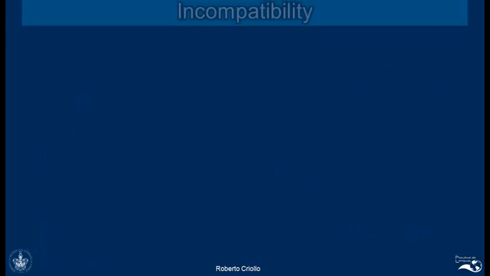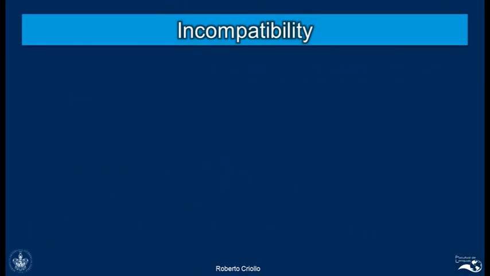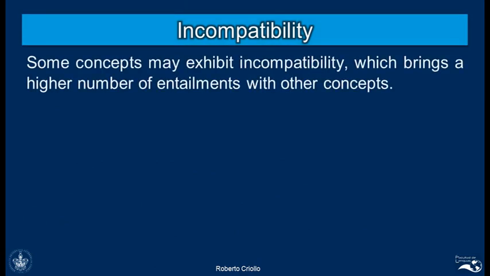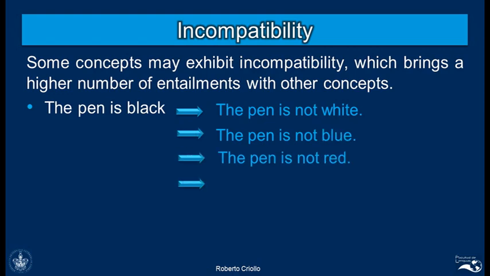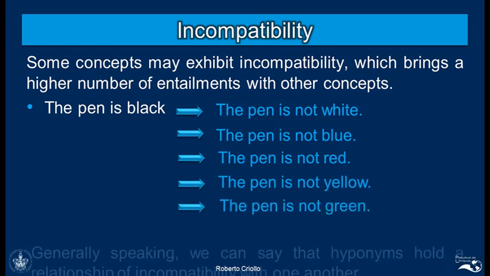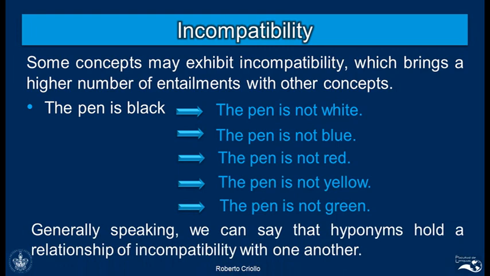The last kind of oppositeness that we will study is that of incompatibility. And in this case, we will know that concepts are incompatible because they exhibit a high number of entailments with other concepts to which they are related. For example, if I say the pen is black, it logically follows that the pen is not white, but also that the pen is not blue, and the pen is not red, and the pen is not yellow either, the pen is not green, and we can mention all kinds of different colors.